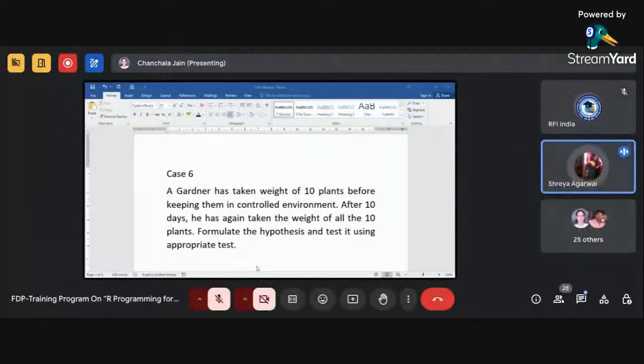So basically, we will apply the Shapiro test on the difference to check whether it is normally distributed. Fine. And since this is the dependent variable we are talking about, there should be no outliers. So we'll use a box plot for the difference as well to check there are no outliers. And then we'll apply the t-test on the before and after, and we'll mention paired equals TRUE, the syntax.